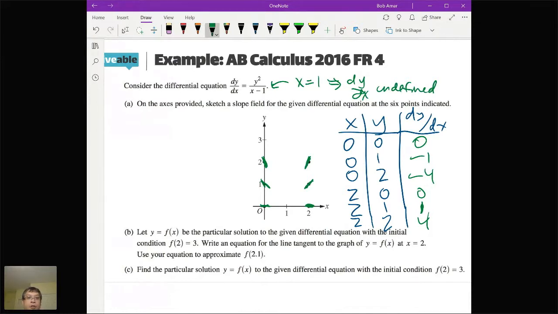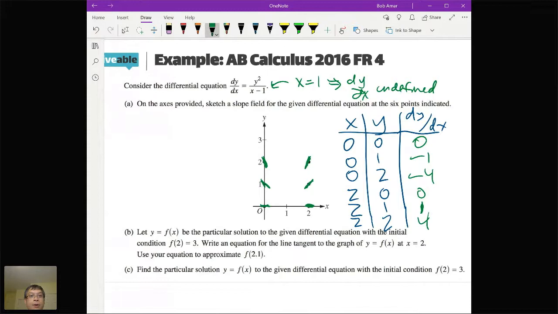That turns out to be what the functions will look like in general, except the one approaching from the origin. 0 over 0 is different than 2 over 0. That's a story for another stream. But you are going to see vertical asymptotes for all of these different equations that are either to the left of x equals 1 or to the right of x equals 1.